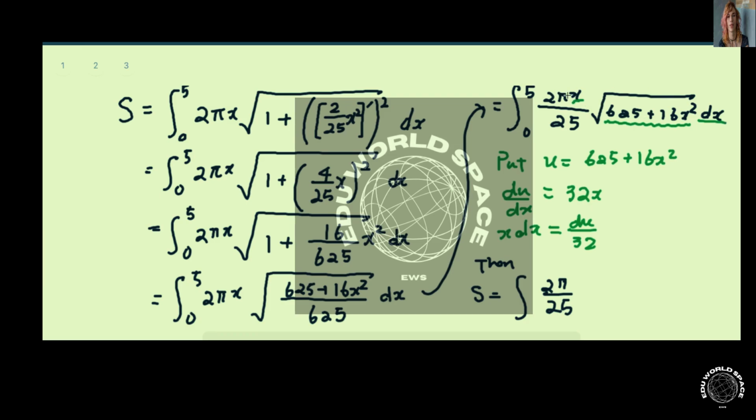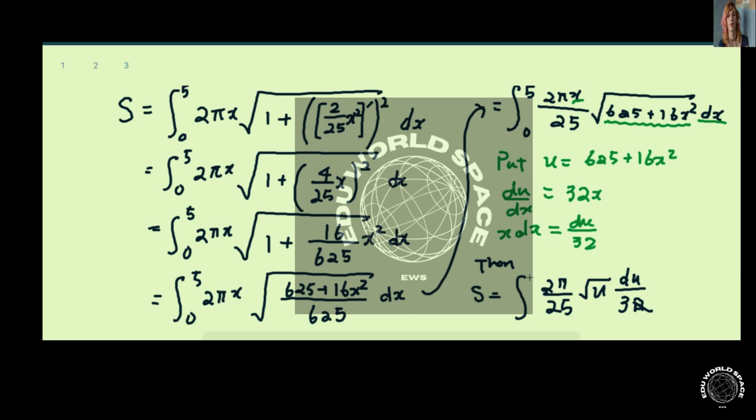So this is the same as 2 pi over 25 times this radical times x dx, right? So inside the radical becomes just u because that's what I set u to be. And instead of x dx, I have x dx equals du over 32. So du over 32. Okay, this looks much simpler, and this is what we're going to solve.